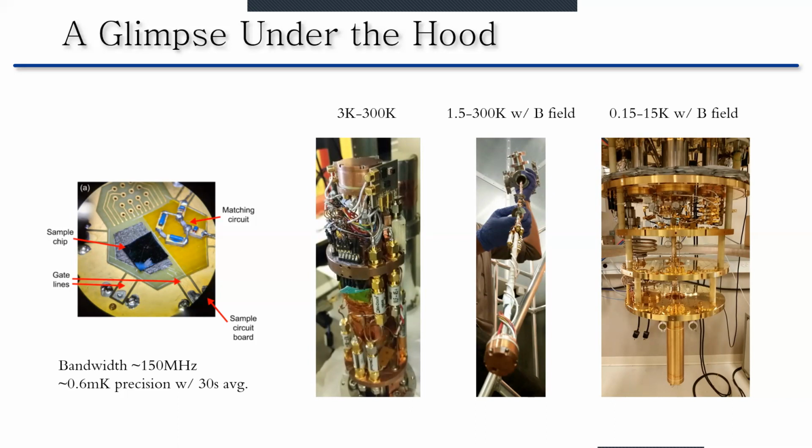And then on the right is a dilution refrigerator, which goes to the sub-Kelvin, millikelvin range, or tens or 100 millikelvin range, with a magnetic field. When you have to do this over many different systems, you learn a lot about the details of how it works, so we've really refined this technically quite a bit. And the data that you're going to see today comes from these two systems on the left here.